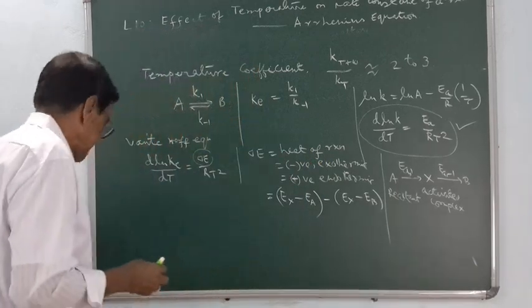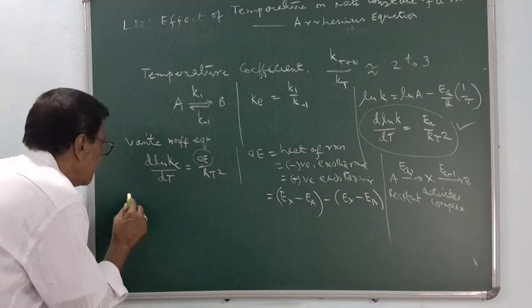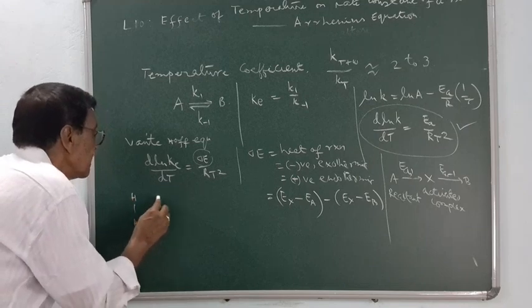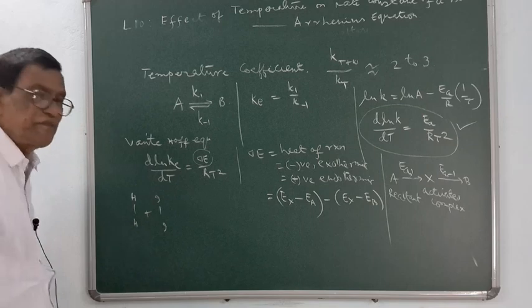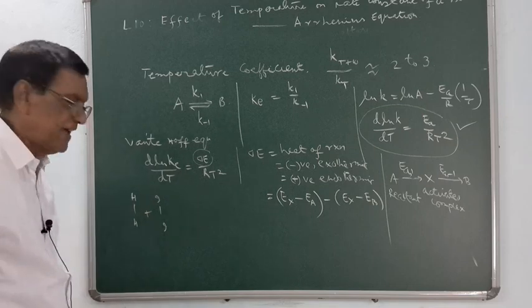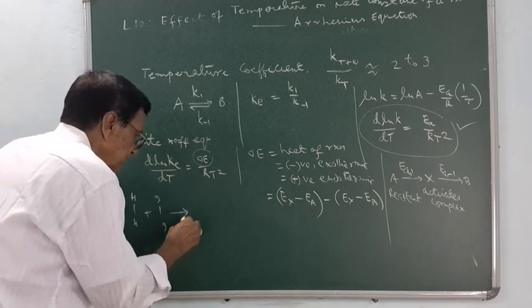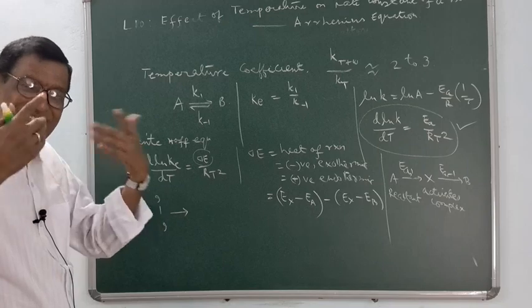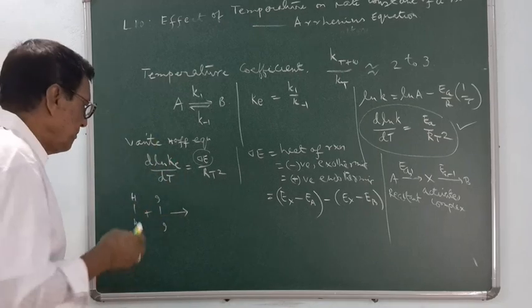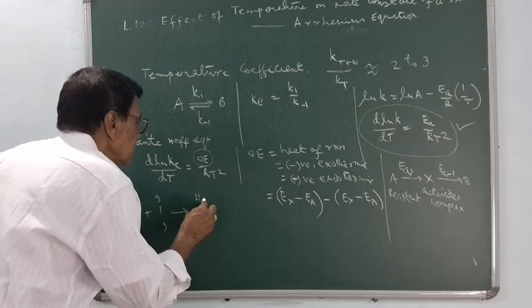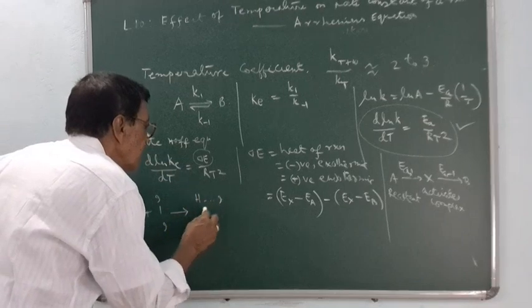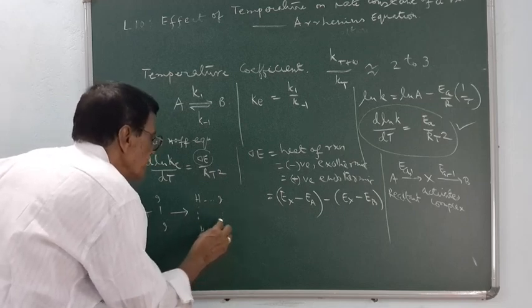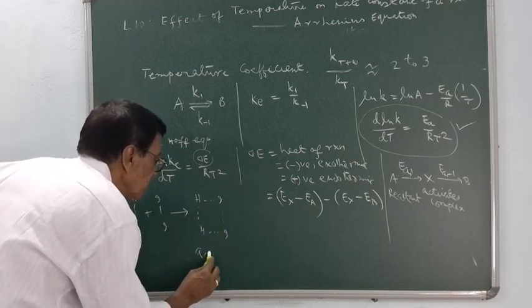Say one example, hydrogen plus iodine, which will collide in proper alignment, attain this activation energy, and make a transient association.